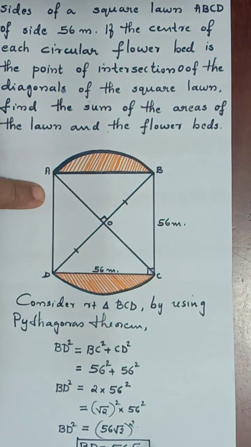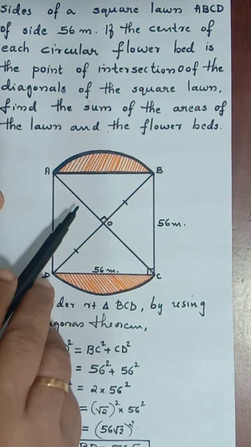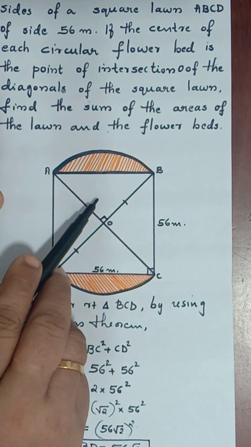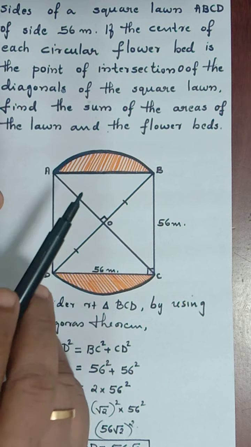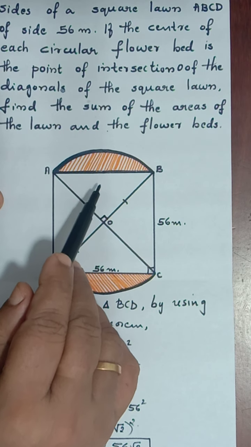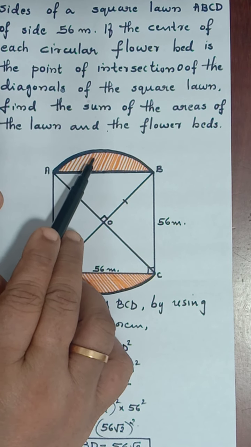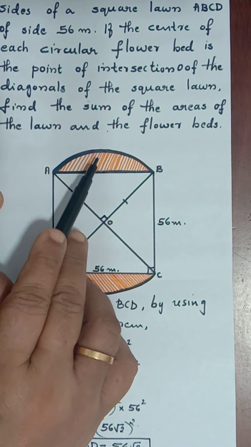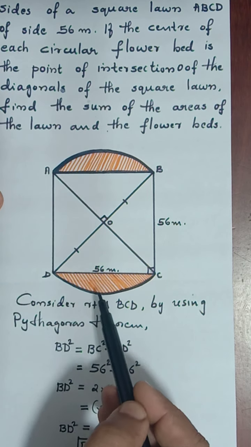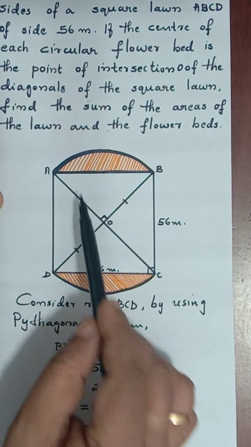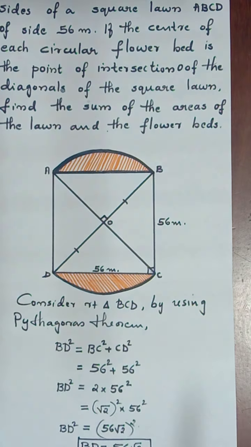BO and AO we know, that is the radius 28 root 2. Multiply to get the value of the triangle, and then from the sector we subtract the triangle. That will be the area of the segment. Then one segment into 2 will be the area of the segment of both these portions.